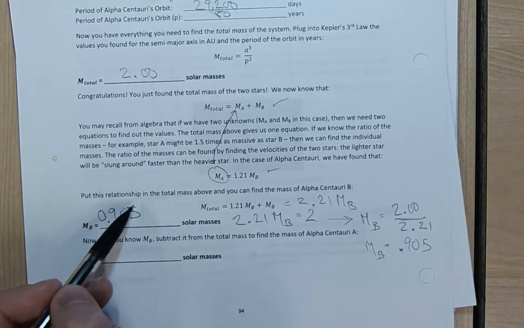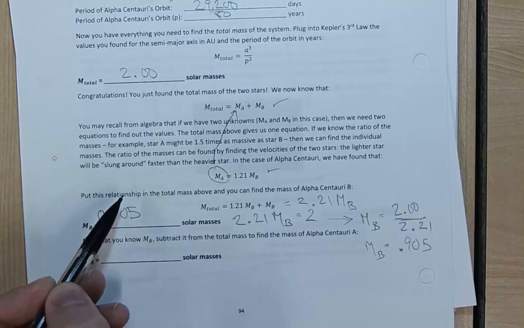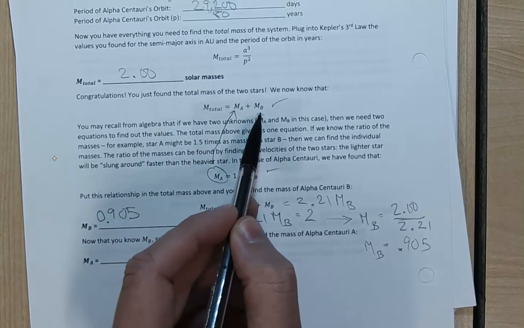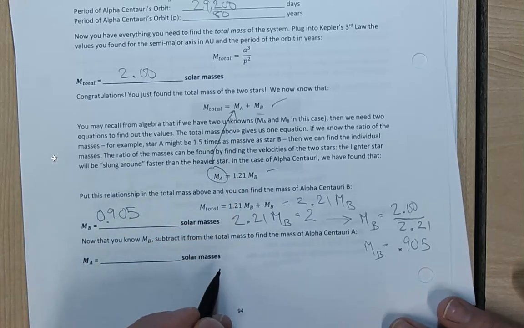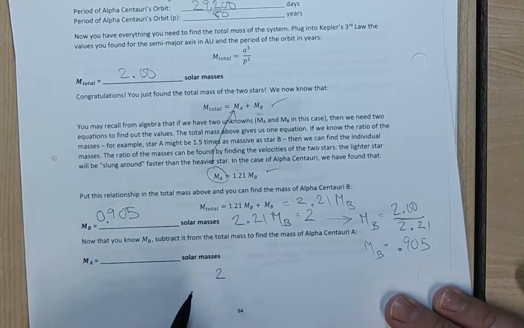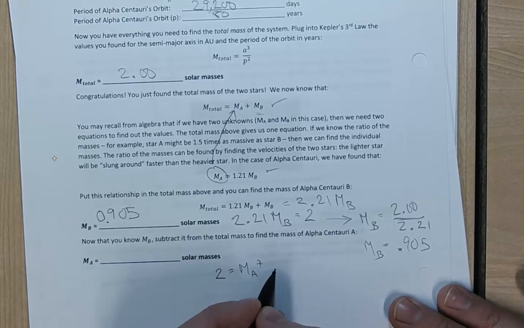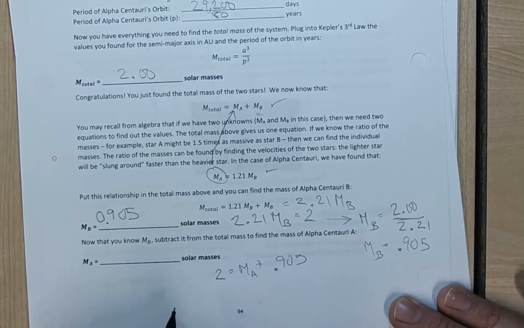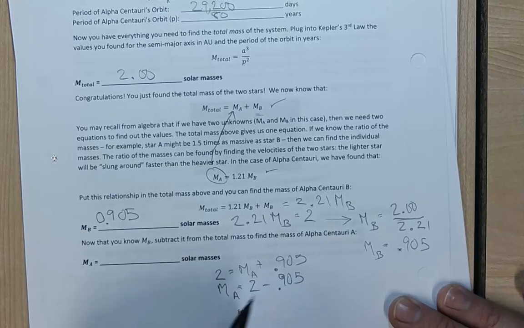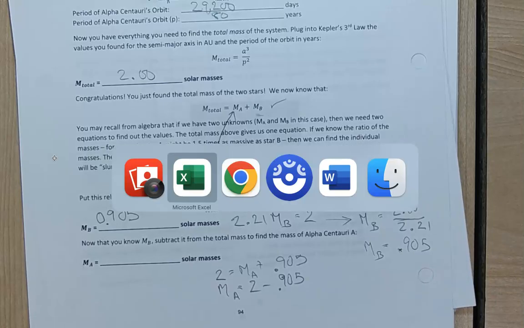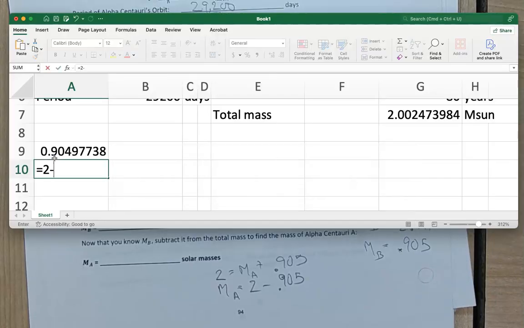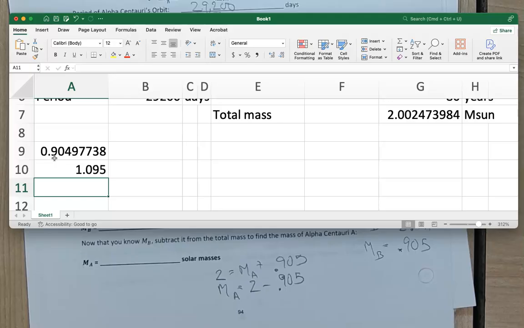Okay, well now that we know the value of the mass of star B, we can put that back into here, and we know that the total mass, 2 solar masses, equals the mass of star A plus the mass of star B, but the mass of star B is 0.905, so then the mass of star A must be 2 minus 0.905. 2 minus 0.905, 1.095.